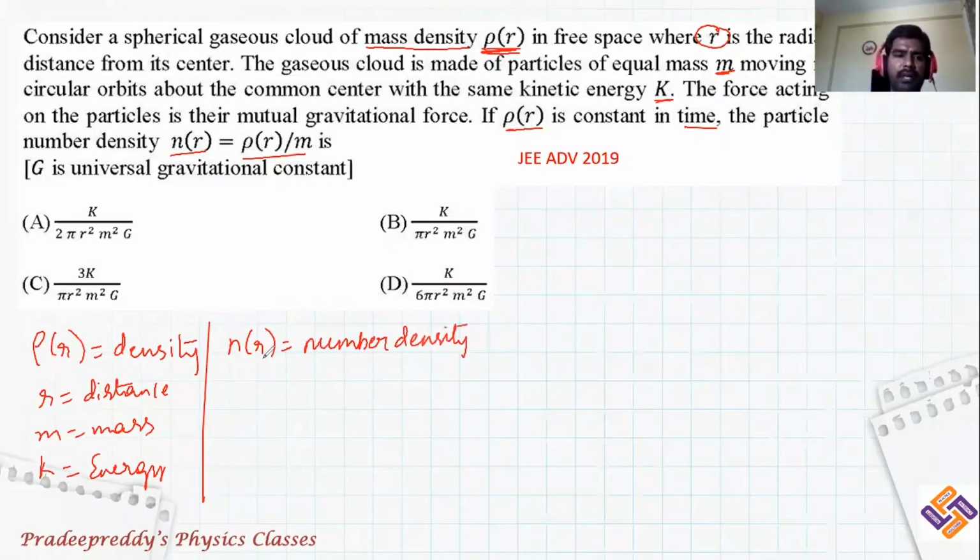Rho of R is the mass density, n of R is the number density. Number density is a number per unit volume, so its unit is 1 divided by meter cube, that is 1 by m power 3. G is the gravitational constant, given.